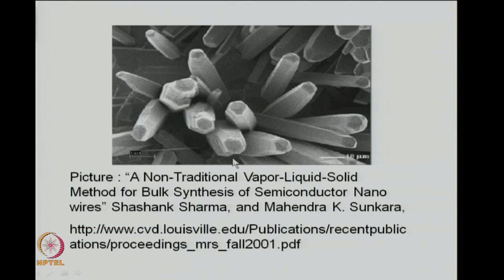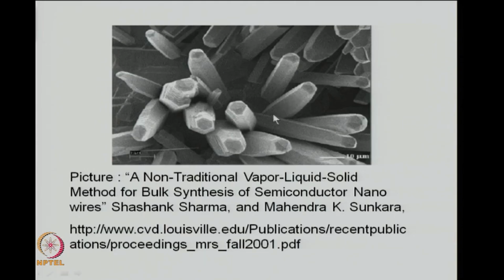You are looking down these nanorods, and on each nanorod you can see a particular face right here. This is grown by the vapor liquid solid technique that we discussed, and you can even see the facets on the sides.